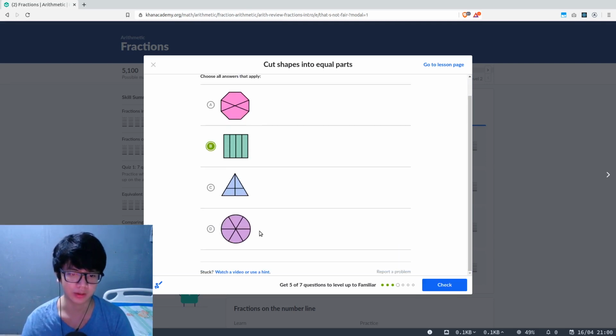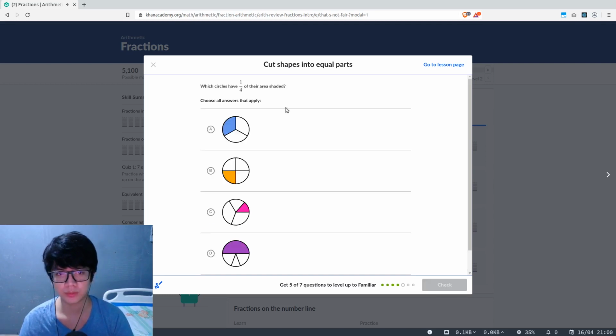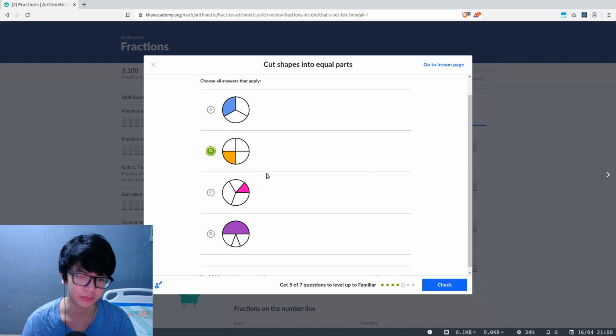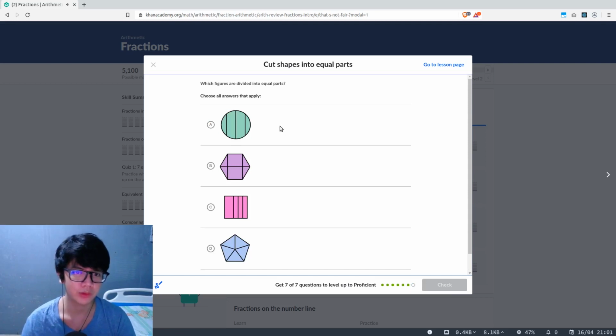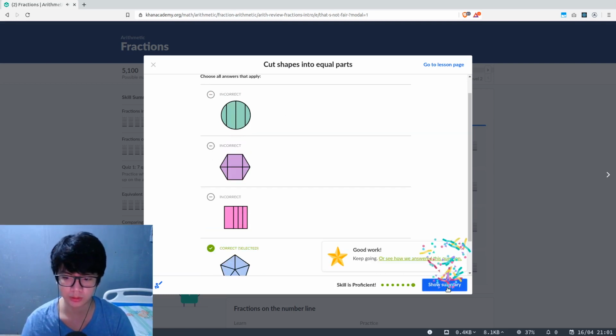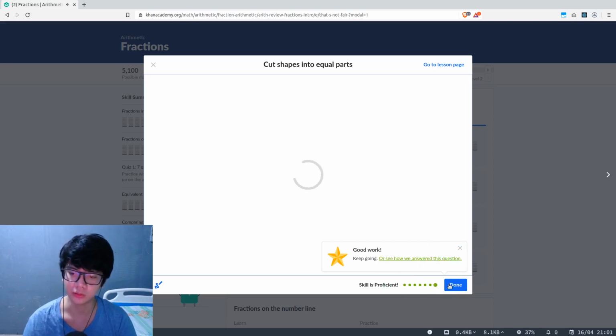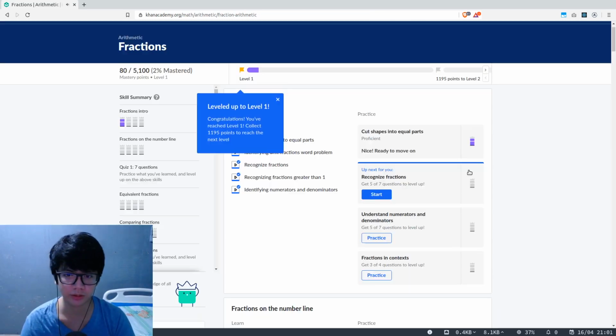This figure is divided, and this one as well. Which circles have 1/4 of their area shaded? This one has 1/4 of its area shaded. Which figures are divided into equal parts? For sure, it's this one only. Skills proficient.